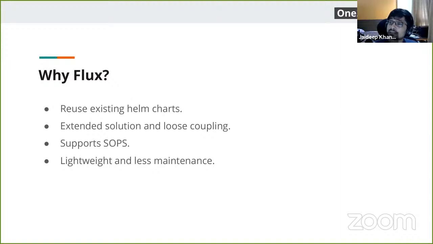Now, SOPs supports multiple encryption mechanisms. It supports asymmetric key pair, which is the native way, which we have been using. It also supports Azure's Key Vault and GCP's and AWS KMS as well. So you can integrate it well with it. SOPs is actually another project in itself, but Flux has first-hand support for SOPs.